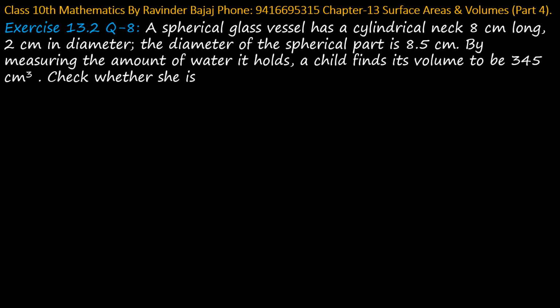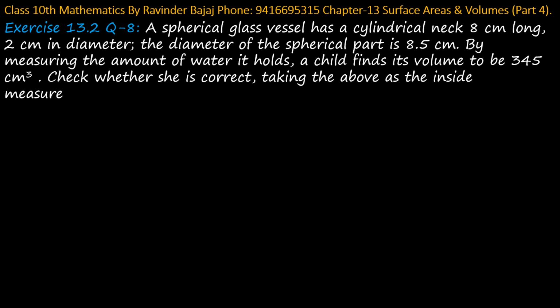By measuring the amount of water it holds, a child finds its volume is equal to 345 centimeter cube. Check whether she is correct taking the above as inside measurements of the solid. We have to take pi is equal to 3.14. So let's solve it.